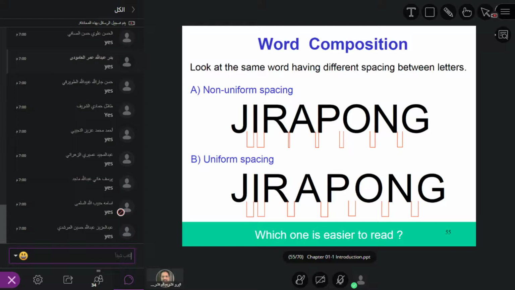Now the next one is spacing between the letters, because spacing is also very important. The point here is, whenever you write words in an engineering drawing, you should make sure that proper space is given between the letters.